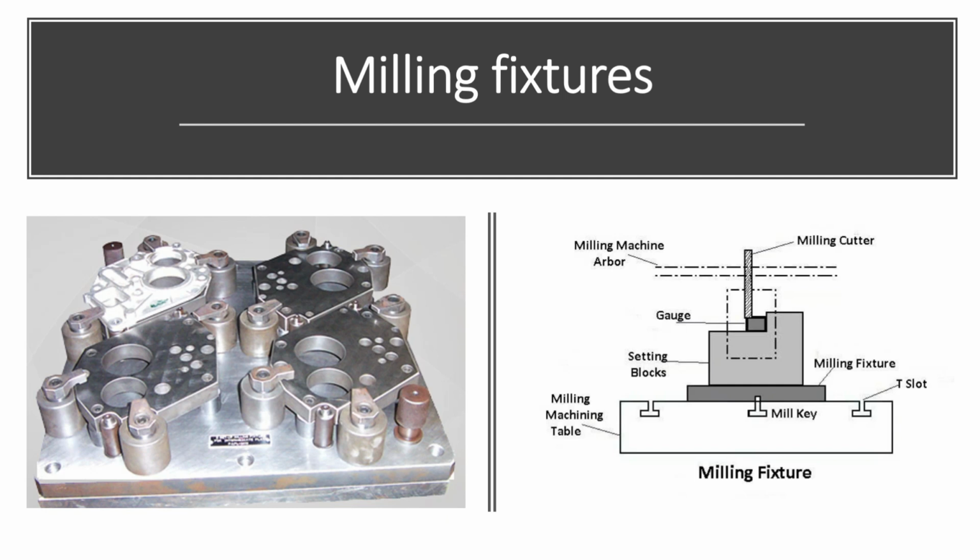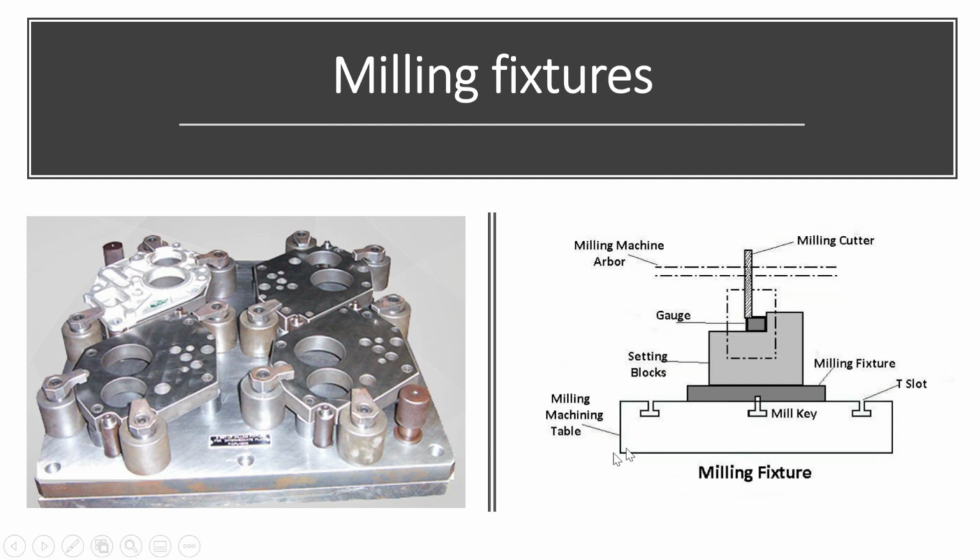They are properly located on the table of the machine and secured in position by means of nuts and bolts. The table is shifted and set in a proper position in relation to the cutter. The workpieces are located on the base of the fixture and clamped before starting the operation.